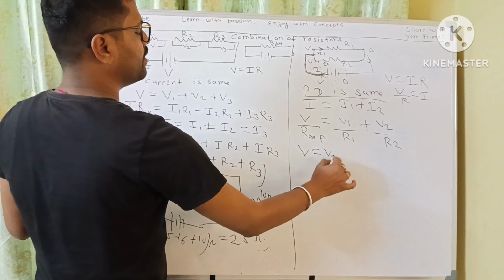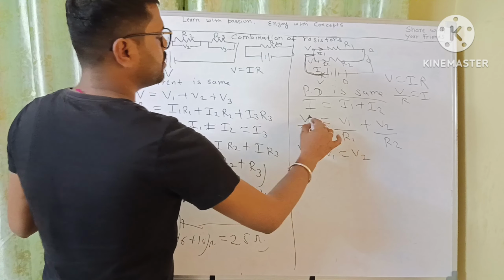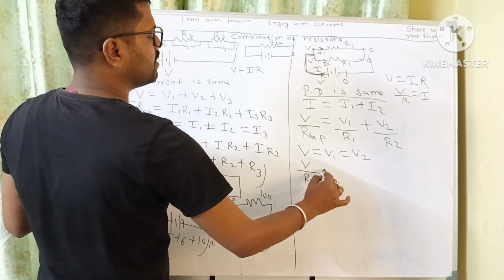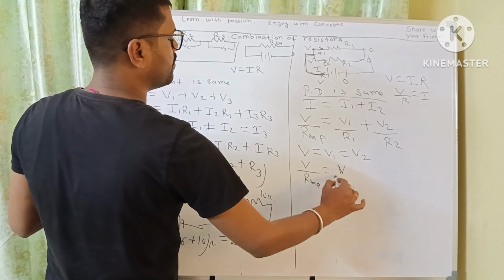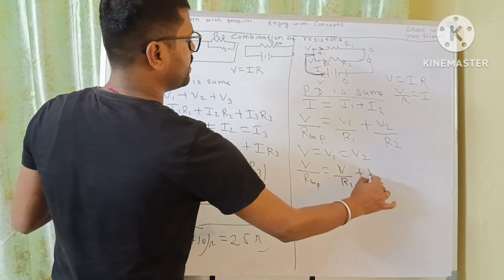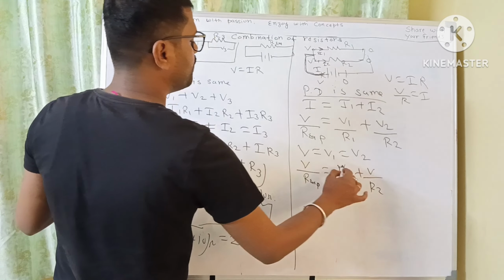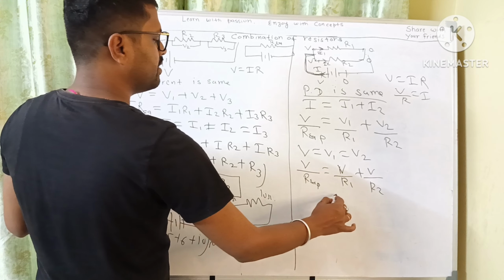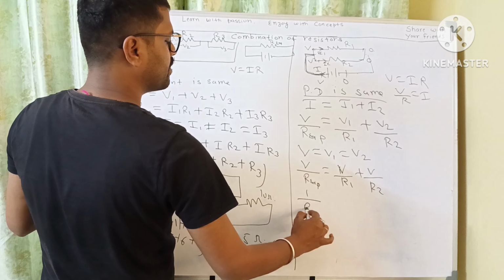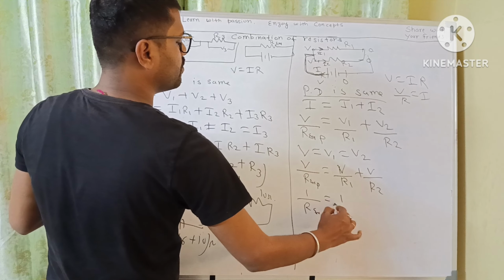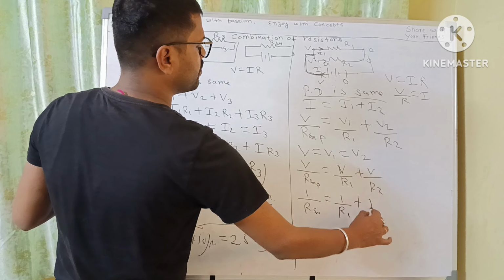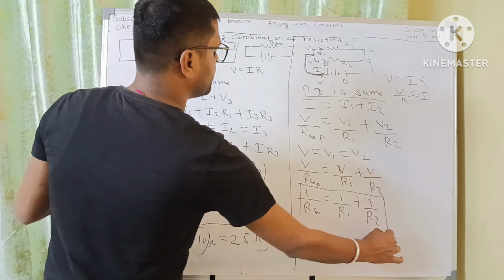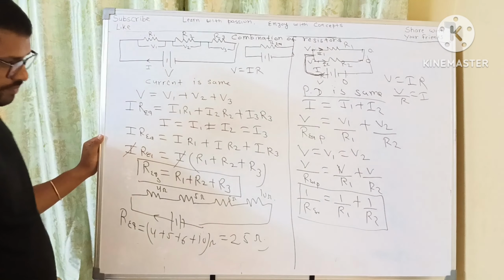V equals V1 equals V2. So V by R equivalent parallel equals V by R1 plus V by R2. Now V is common. So if you take it common, 1 upon R equivalent equals 1 by R1 plus 1 by R2. V will get cancelled. So this is the formula of R equivalent.